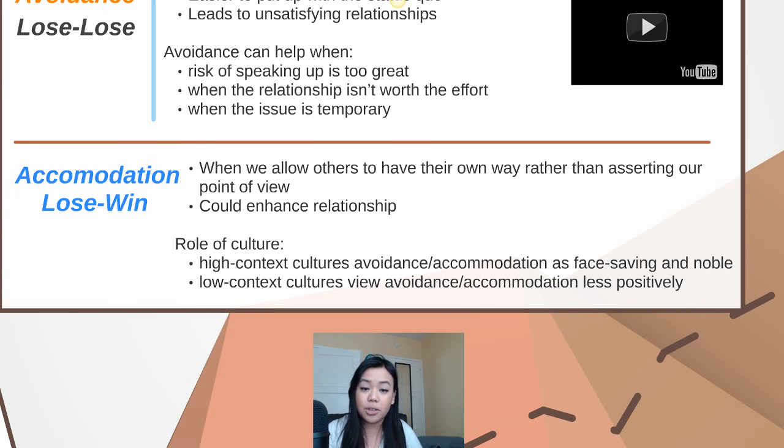Whereas low context cultures, such as us here in the United States, view avoidance and accommodation far less positively. Because we're also low context and individualist, we like to verbally express our conflict, because of our individualist mentality, meaning that we focus on ourselves and what we want as individuals. Because of that, we don't really like to use avoidance and accommodation, and if we do, we see it in a more negative light, whereas high context cultures see it as more noble or the right thing to do.